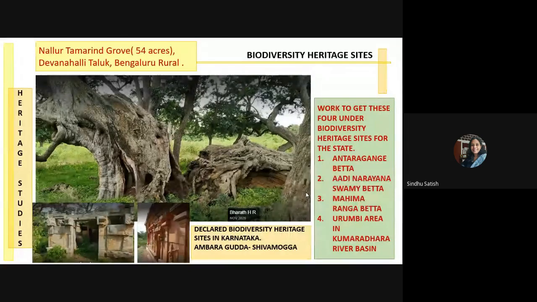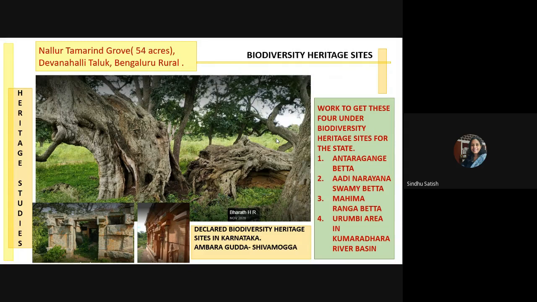But what is interesting, what is happening currently, is that the government is also looking at 4 important sites. That is Antaranga Betta, Adi Narayana Swami Betta, Mahimaranga Betta, and the Urumbi area in the Kumaradhara River Basin. These are the 4 other identified sites for biodiversity heritage.